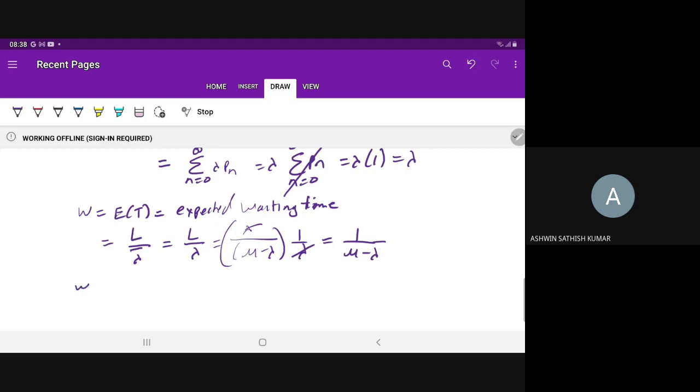Similarly, if you have to compute WQ, that is the expected waiting time in the queue.